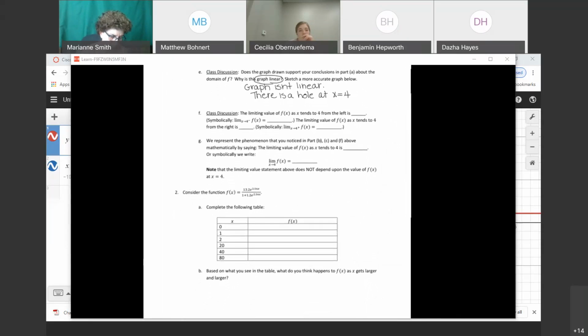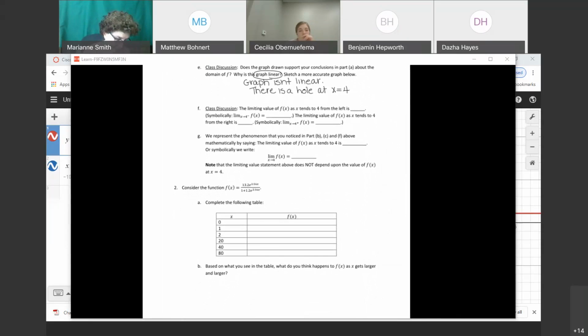And again, you can say the limiting value as x gets to 4 from the left is 6. Here it is with the left-hand limit notation. I just want to make sure you see that. As x approaches 4 from the left, f of x approaches 6. And as it gets to 4 from the right, you also wind up with a 6.